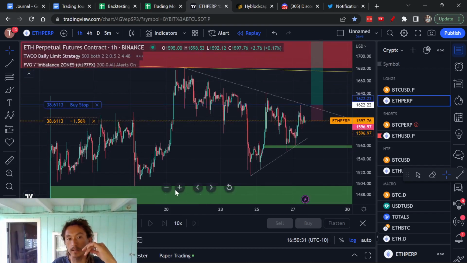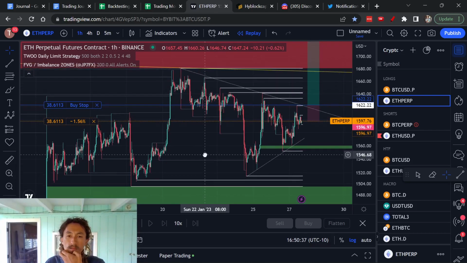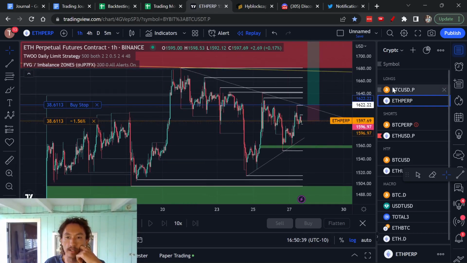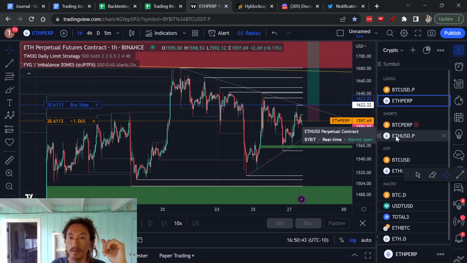Like the inside retracements, from what I've observed, are by far my best trade setup. So I think I need to focus on those and avoid trades that interfere with them.